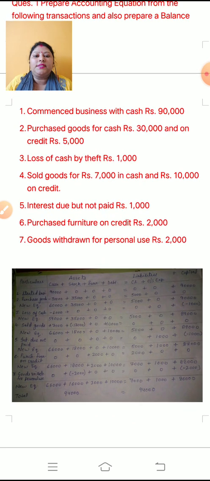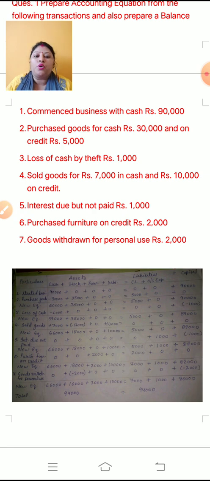The first transaction is commenced business with cash rupees 90,000. Second is purchase goods for cash rupees 30,000 and on credit rupees 5,000. Next is loss of cash by theft rupees 1,000.